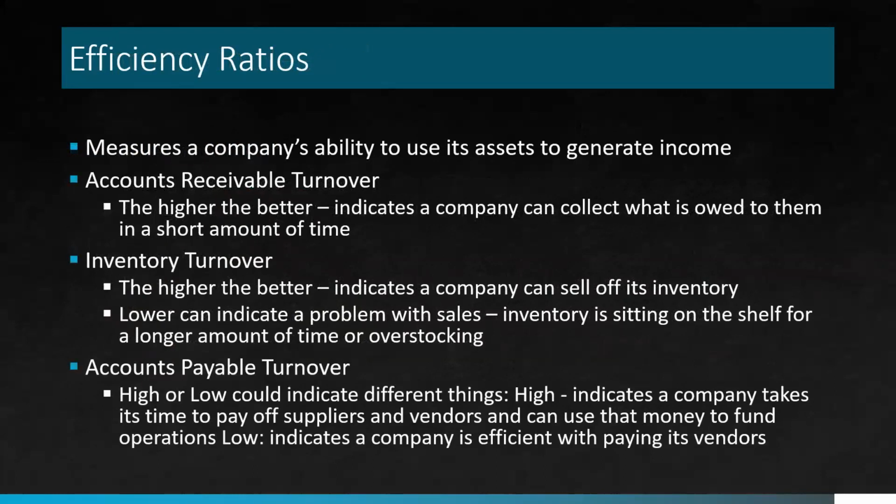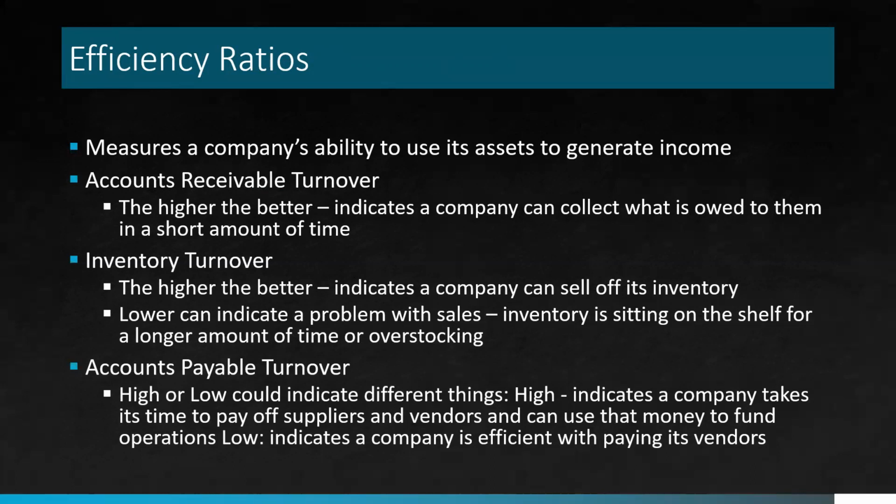So these efficiency ratios measure the company's ability to use its assets to generate income. For accounts receivable, which is money that is owed to the company from vendors or customers, you want a higher number because that indicates a company can collect what is owed to them in a shorter amount of time.